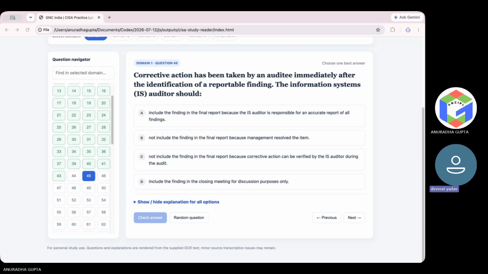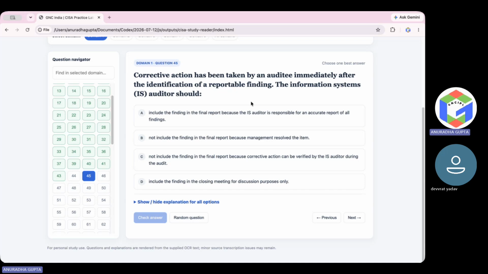Include the finding in the closing report as well. Yeah, this is the more debatable type of question. Yes, A. Let's go with the standard process.